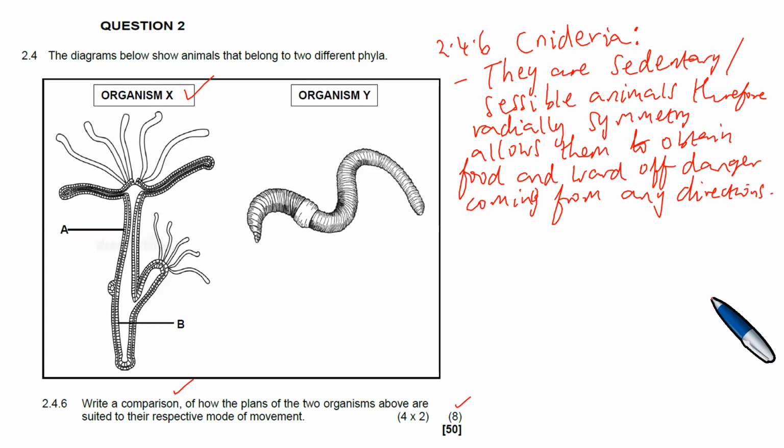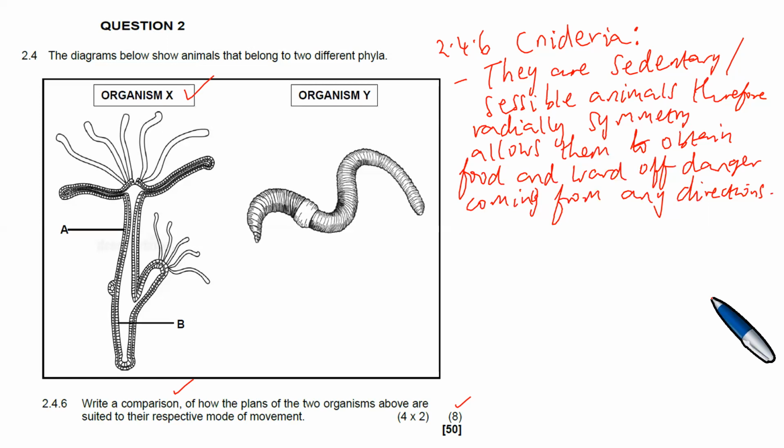Right, so they are sedentary, they are sessile animals, therefore radial symmetry allows them to obtain food and ward off danger coming from any direction because of the symmetry they have.